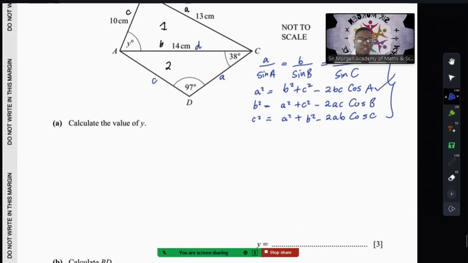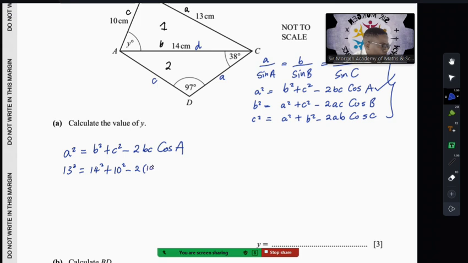We say the cosine rule says that we have A squared is equal to B squared plus C squared minus 2BC cos A. I'm going to write A for now, but we know that we are finding angle Y. And then side A is 13, so 13 squared is equal to B, which is 14, so 14 squared plus 10 squared minus 2 times 14 times 10, and then cos A.